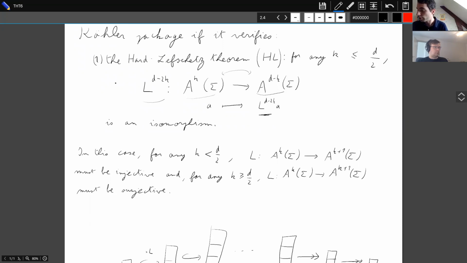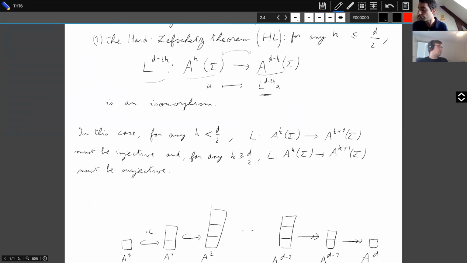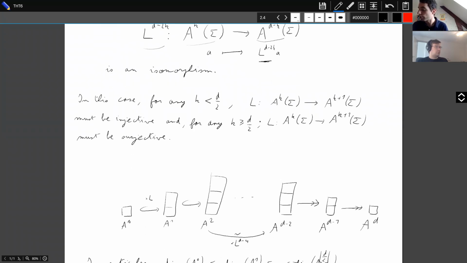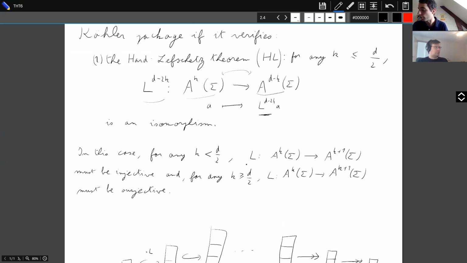So we have other things in the Kähler package, but first let me just write some implications of this Hodge-Lefschetz theorem. First, if we have an isomorphism between A^K of sigma and A^(D-K) of sigma, the first multiplication must be injective because the total multiplication is injective.